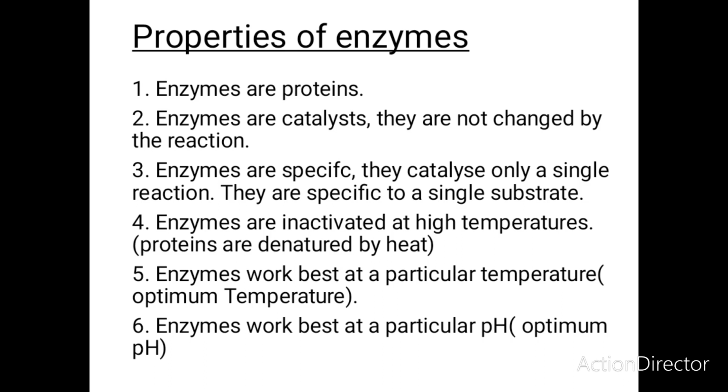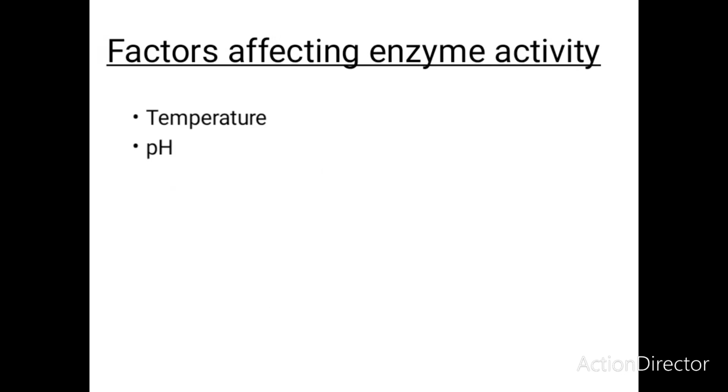Enzymes work best at a particular temperature, which is known as the optimum temperature. And enzymes work best at a particular pH, which is known as the optimum pH. So the factors that affect the rate of enzyme catalyzed reactions are temperature and pH.